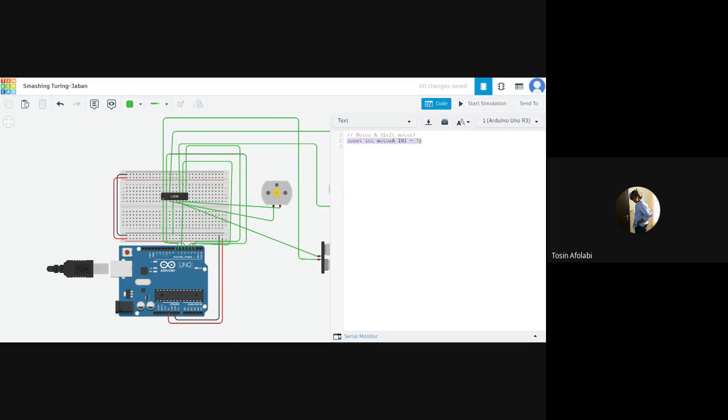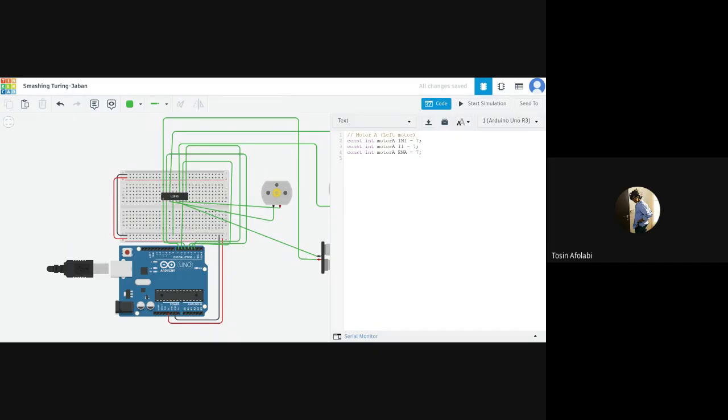The same thing three times. This time it's going to be input 2, and then the control, that's ENA.